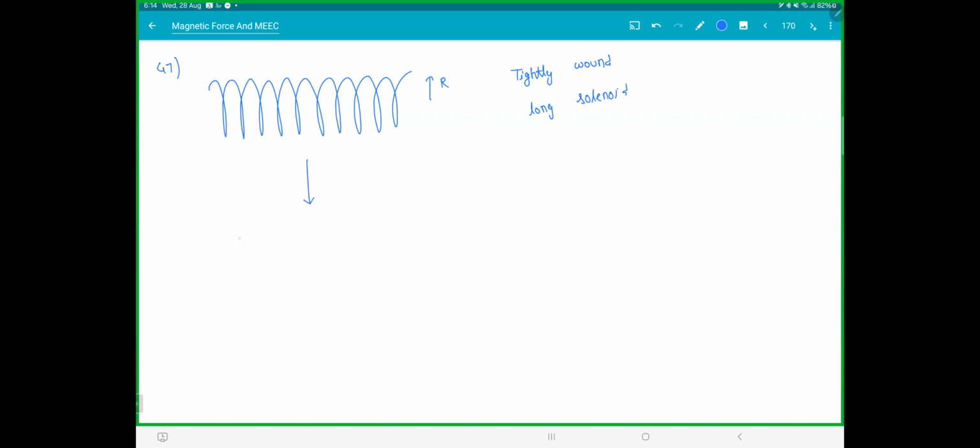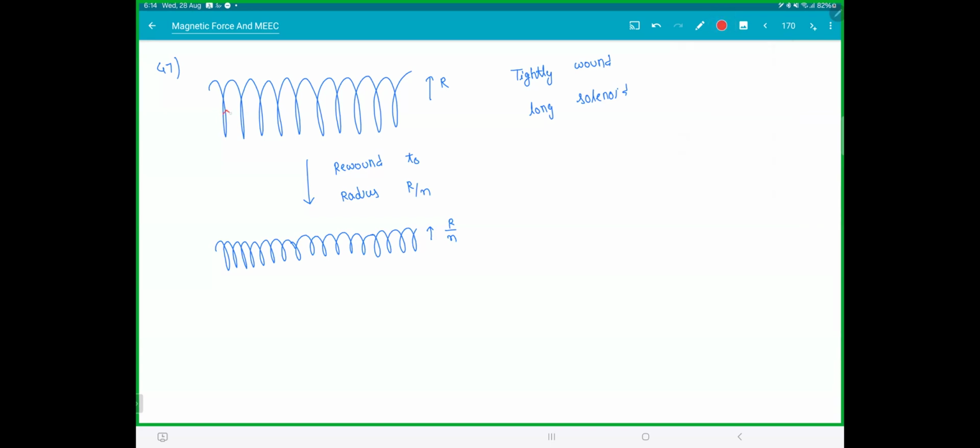Someone took this and made it into a solenoid of radius r by n. It is rewound to radius r by n.